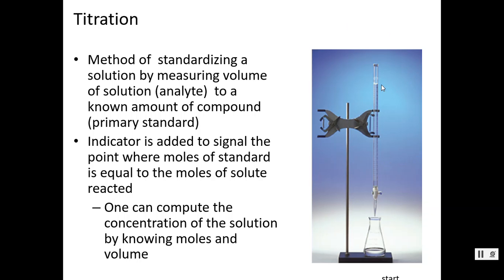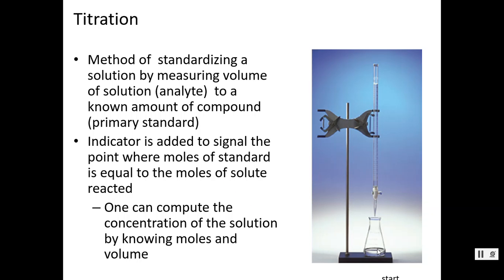You can control the volume of analyte or titrant by the stopcock, right here. What is in the flask underneath the burette is where the primary standard is, or the known amount of compound.